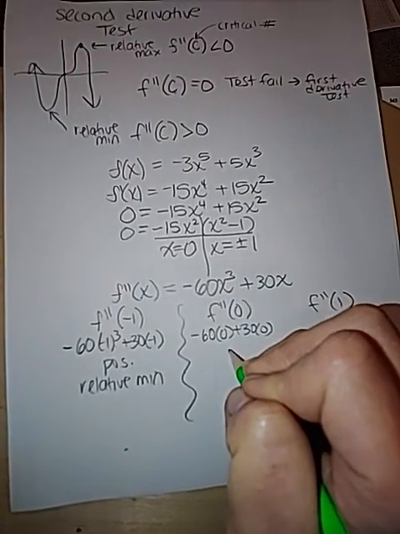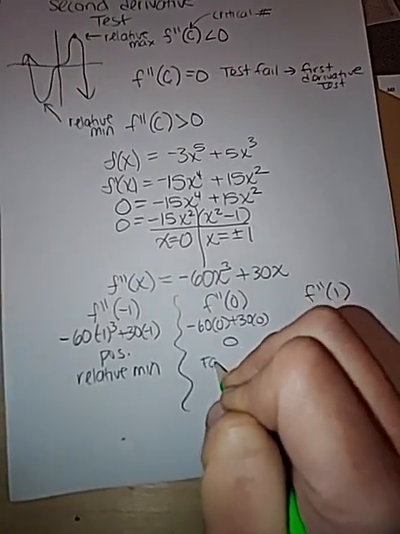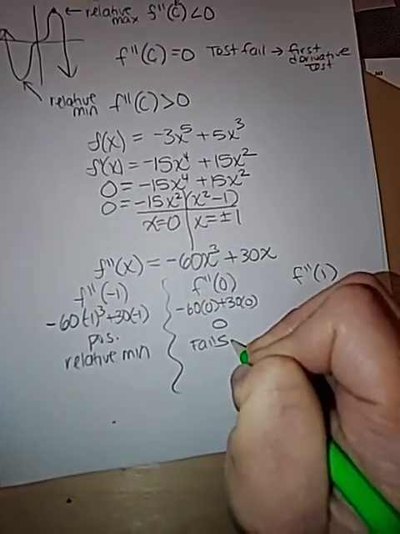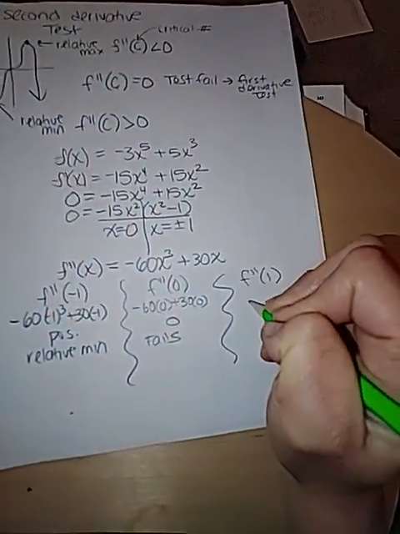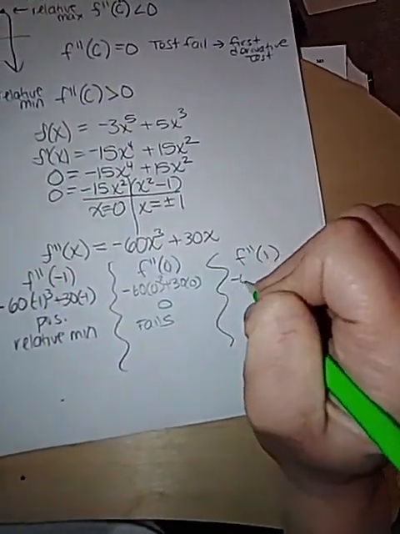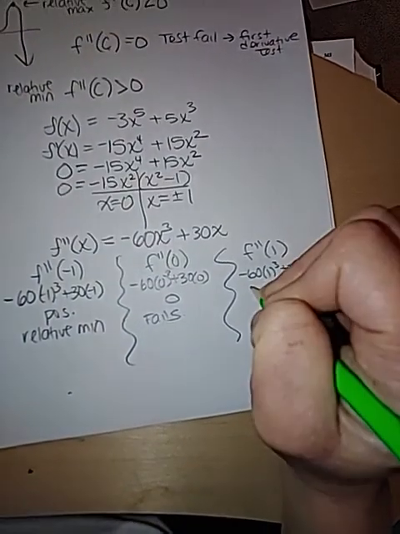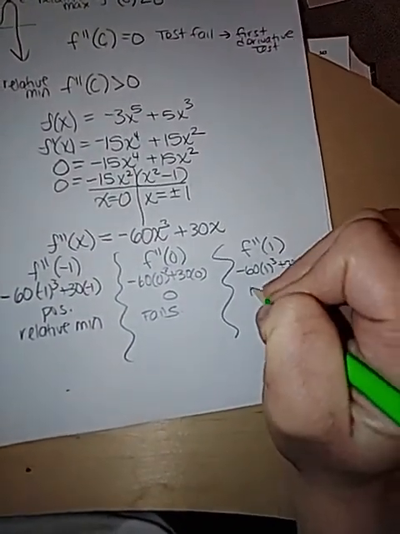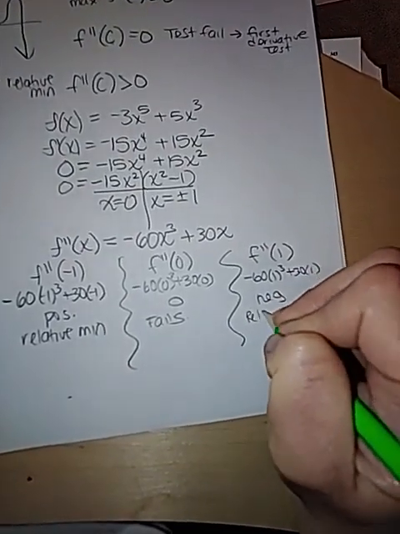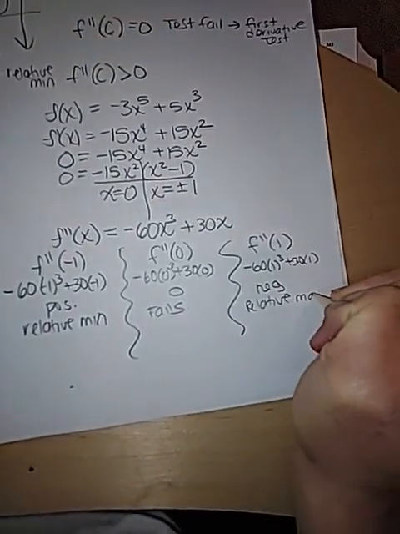I get 0, so the test fails. Okay, plugging in 1. I get negative 60 plus 30, which is negative. So I have a relative max.